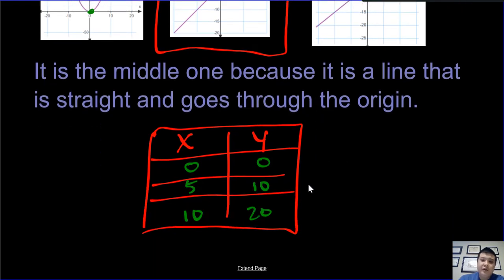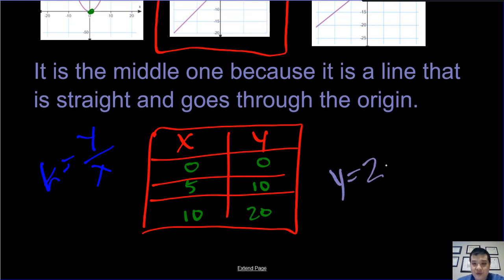And here, remember that K is always Y over X. If we do 10 divided by 5 and 20 divided by 10, both of those get us 2. So the equation for this one is Y equals 2X, with the constant of proportionality being 2.